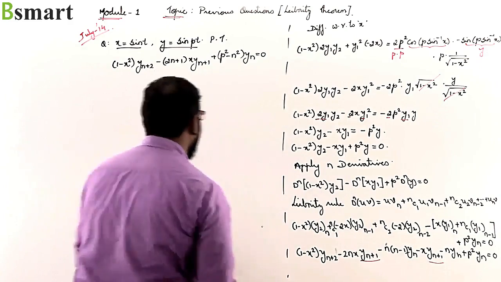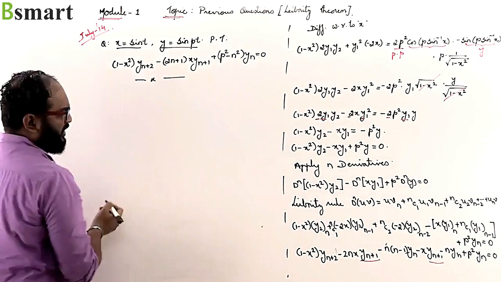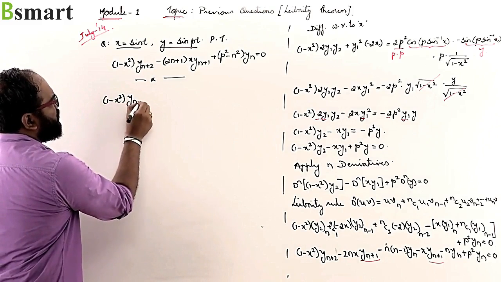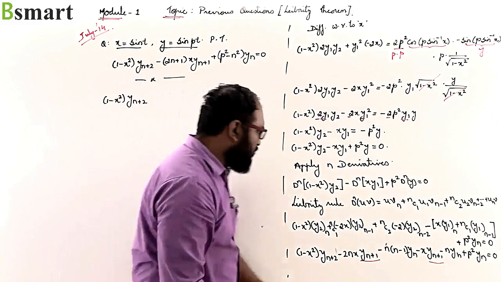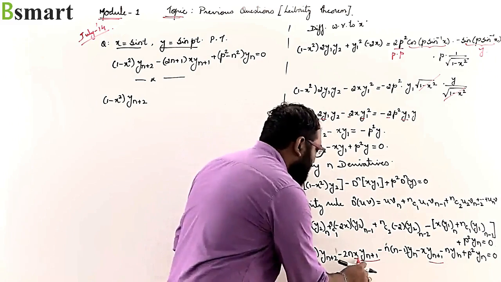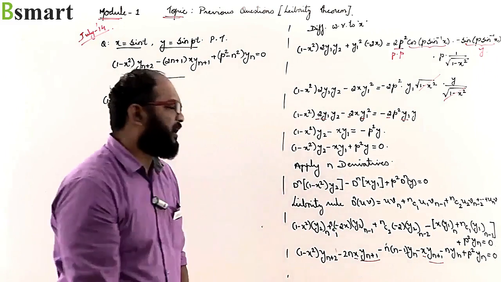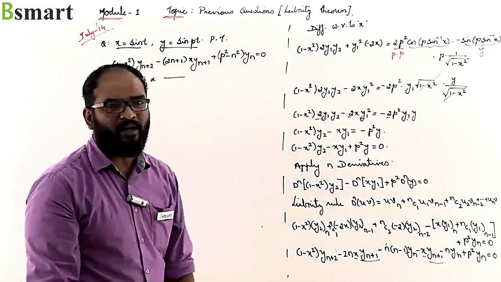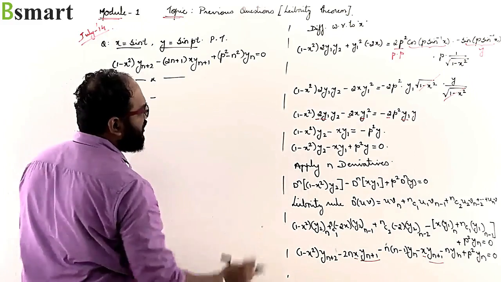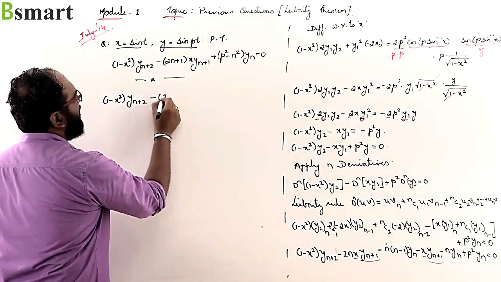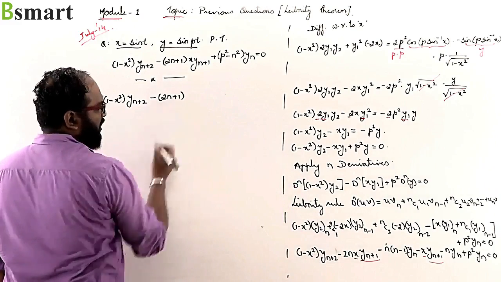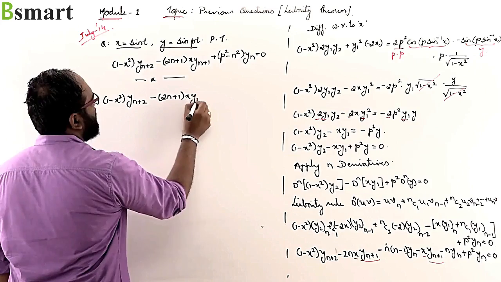If we segregate, we get (1 minus x square) into y_(n+2), and now from these two y_(n+1) terms I can take out minus x into y_(n+1) as common. Taking that common, we get 2n plus 1 into x into y_(n+1).